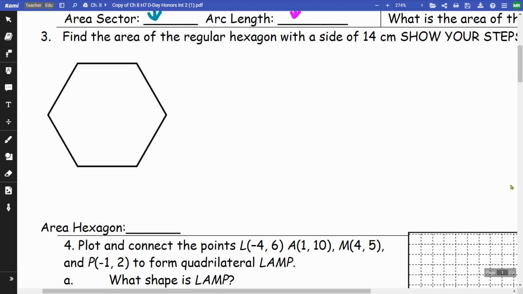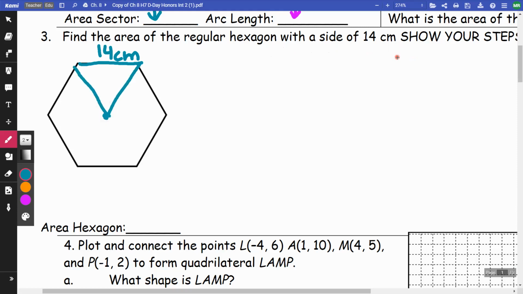So I know for this hexagon that it is regular and that its side is 14 centimeters. So going across, let's say here, is 14 centimeters. Now, when I draw my triangles here from my center to each of the vertices, I am going to have 6 equilateral triangles.